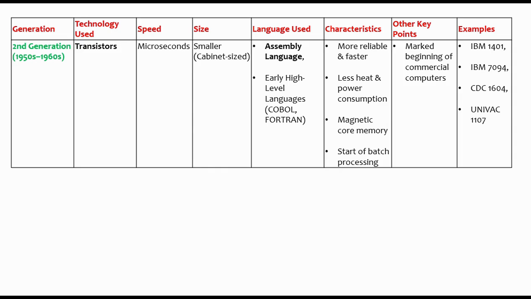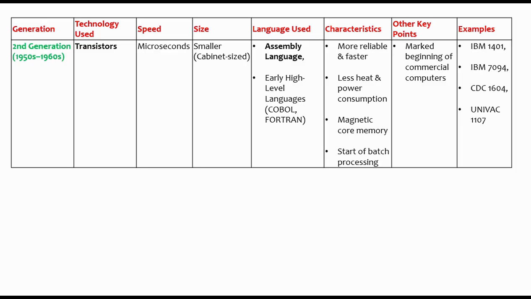This generation introduced assembly language, which uses short codes instead of binary, and early high-level languages like COBOL, which stands for Common Business Oriented Language, and FORTRAN, which means Formula Translation.